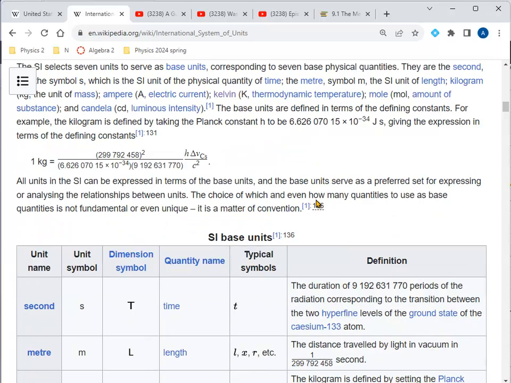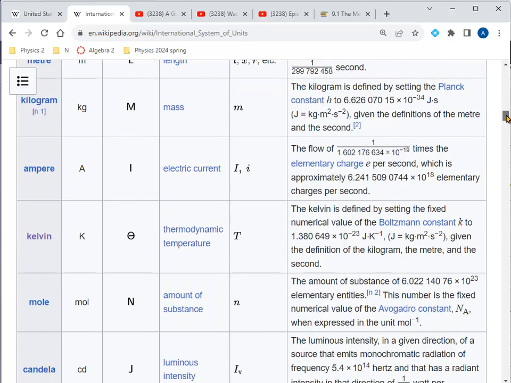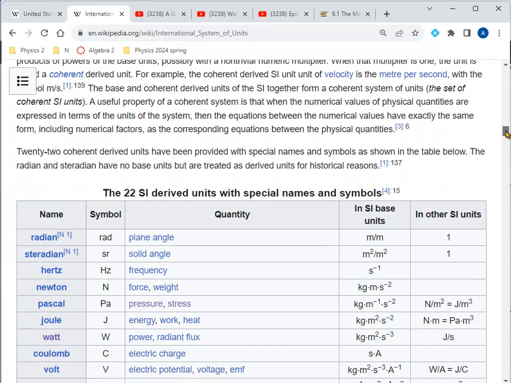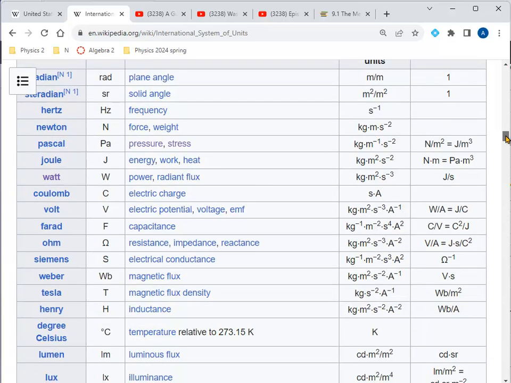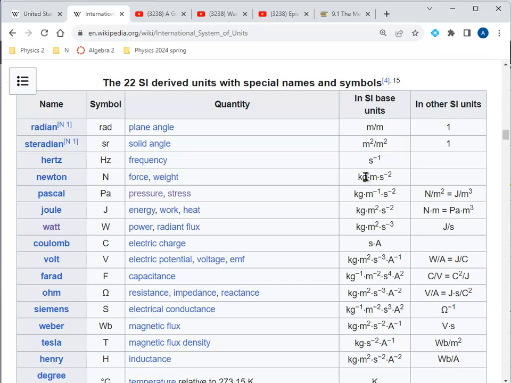Anything else besides these base units, combinations of them, are called derived units, and here are the base units again, by the way. And here are the derived units, and of course there are lots, and you would have the same in the American system. So for example here, force, weight, which is the Newton. Notice that this is combined here: kilograms meters per second squared. I didn't mean to scroll here.